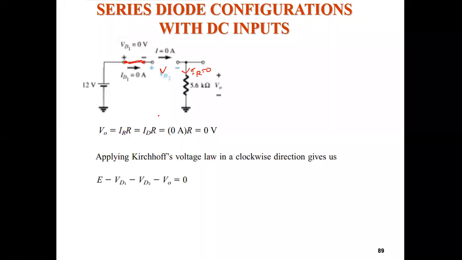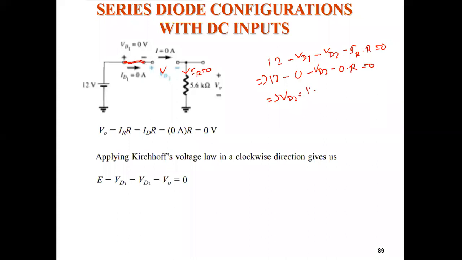So you calculate: 12 minus VD1 minus VD2 minus IR into R equal to 0, which implies 12 minus 0 minus VD2 minus 0 into R, where the value of R is 5.6, equal to 0, which implies VD2 equal to 12.